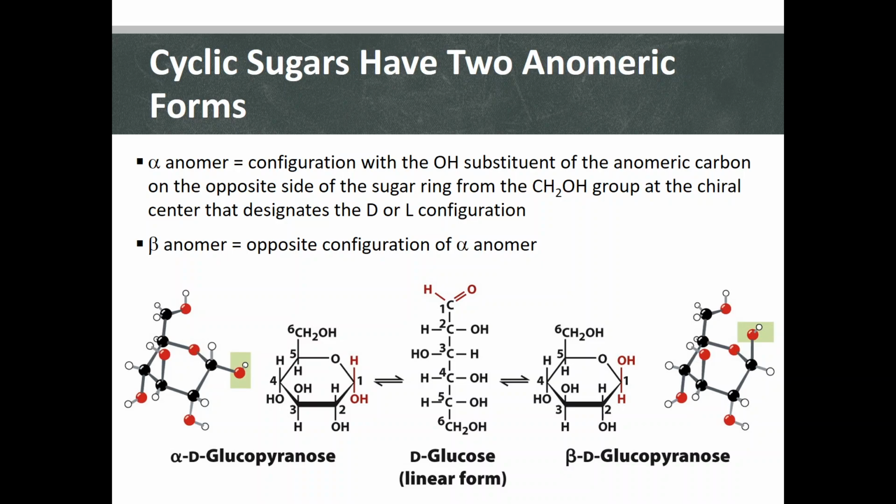Remember, I gave you the example of starting with pure beta D-glucose versus pure alpha D-glucose, and you reach the same equilibrium mixture, regardless of starting point, because this is an equilibrium process. Once you reach equilibrium, the linear form actually populates very little. It's mostly 1/3 alpha and 2/3 beta D-glucose.